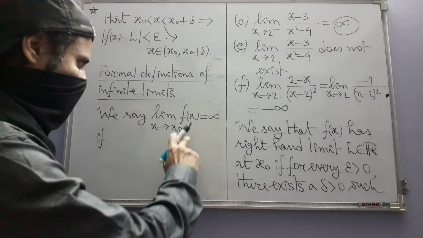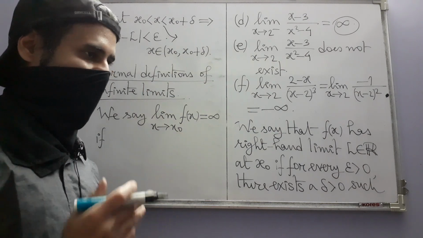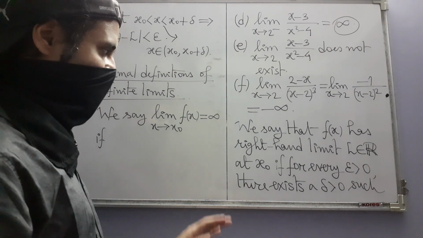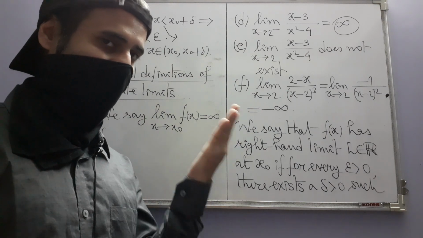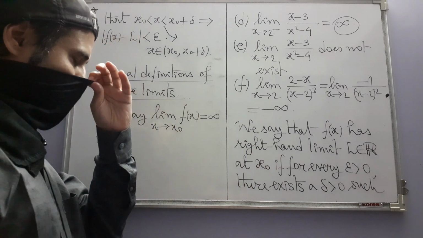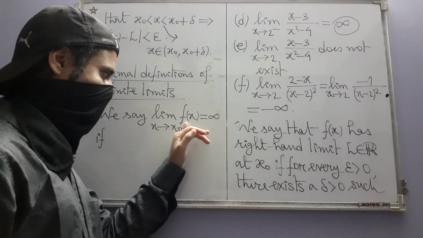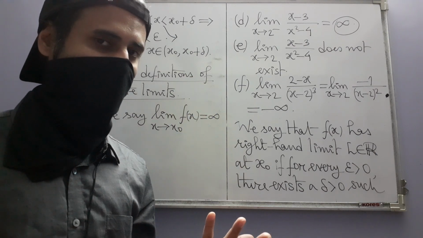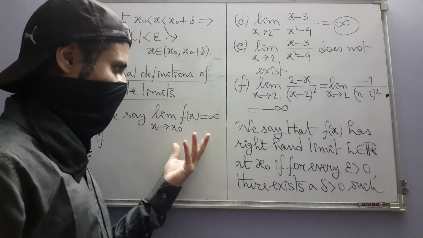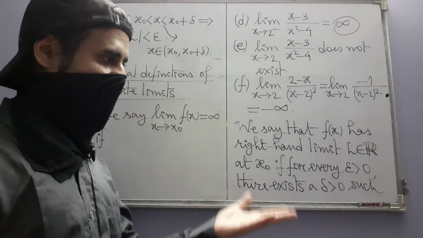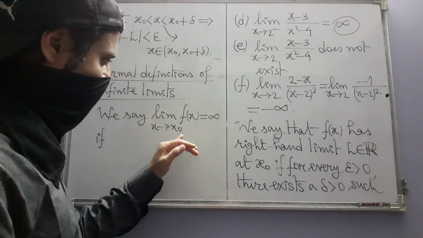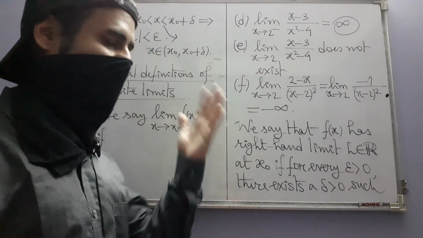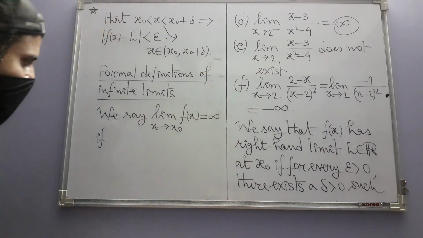Now we are not trying to make f close to L, but in a sense close to infinity. So we want to be able to make the f values as large as we want. How large? Namely, if we are given any positive real number, we should be able to make the f values even larger than that. So that's how this definition comes.